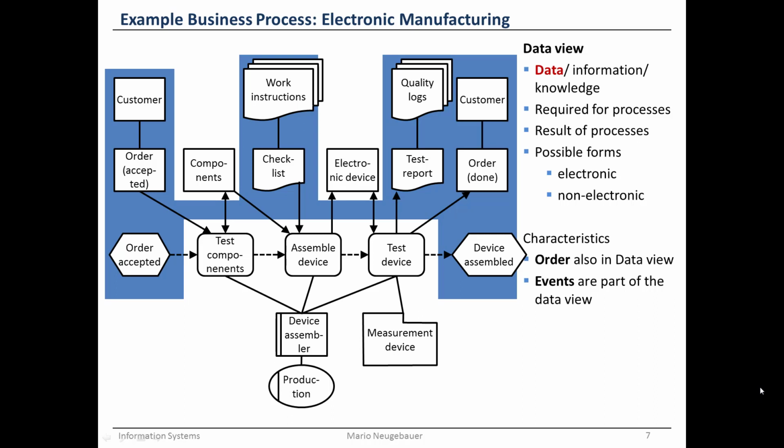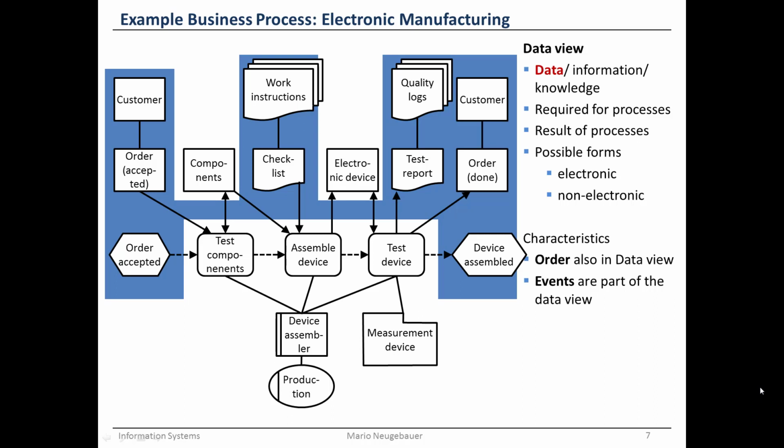So what you can see here is that, for example, the order is an important part in the data view, but when you remember from the product, the service view, then the order is also part of the other view. Might be. This is not impossible. Here in the data view, we concentrate on the data which are important for the order, for example.